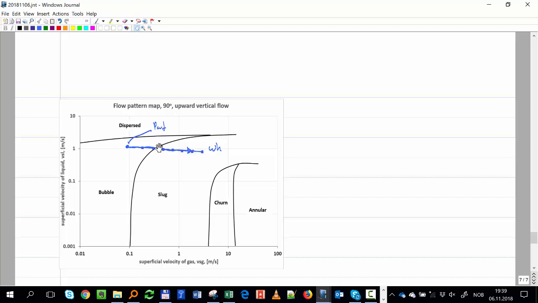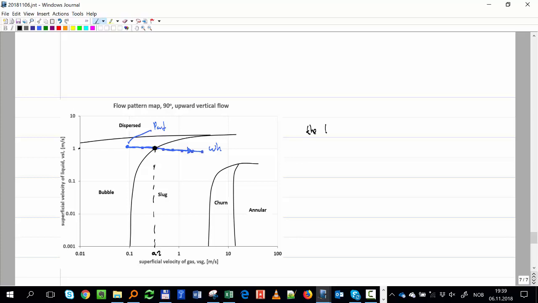When is that point in the tubing? Where do we have the transition? That's exactly when we have 1, and this is like how much? It's like 0.2, I think, 1 and 0.2.